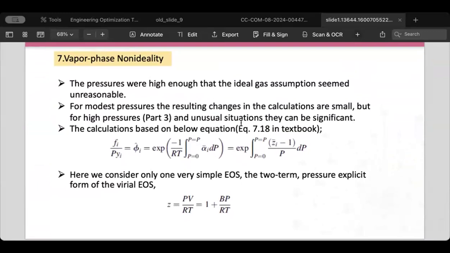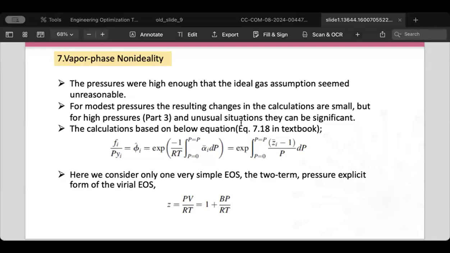However, the discrepancy between pressure and fugacity becomes larger in case of higher pressure, okay? Once pressure increase, the deviation or the discrepancy becomes larger.